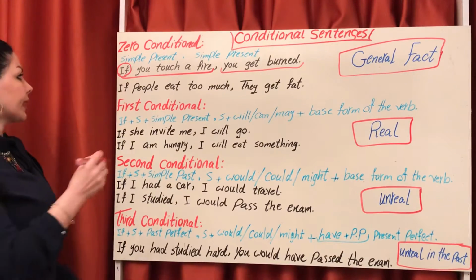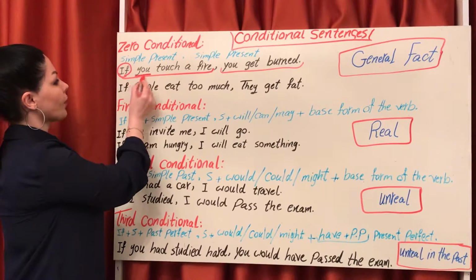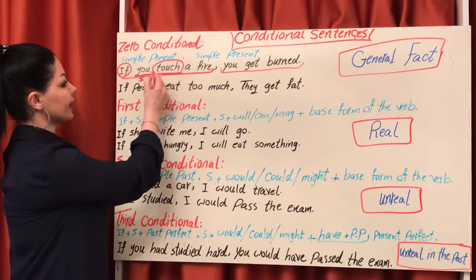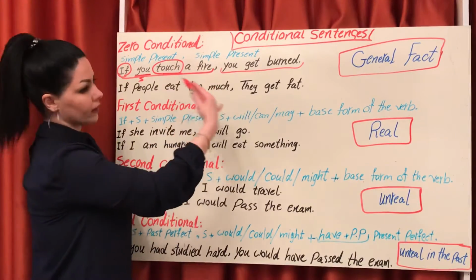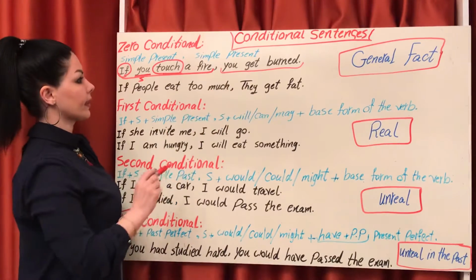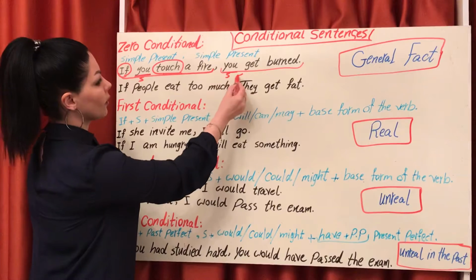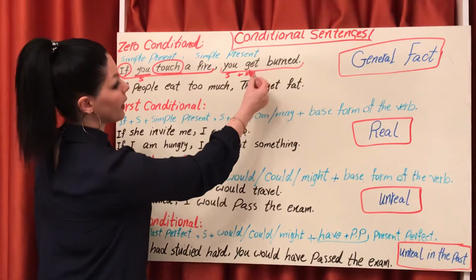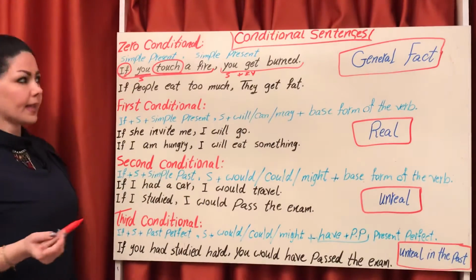So, look here. If plus subject plus simple present verb, and after that, continue the sentence. For the main clause, subject plus again simple present verb, and continue the sentence.